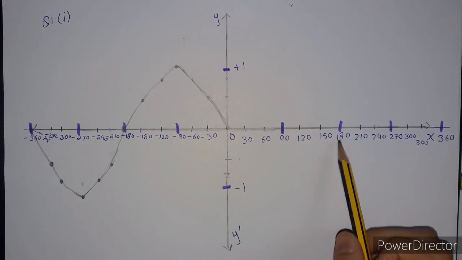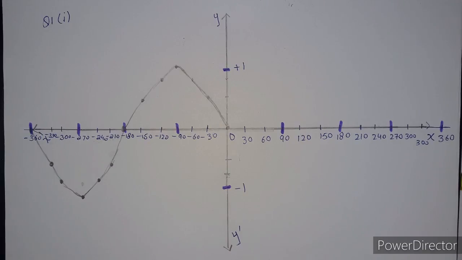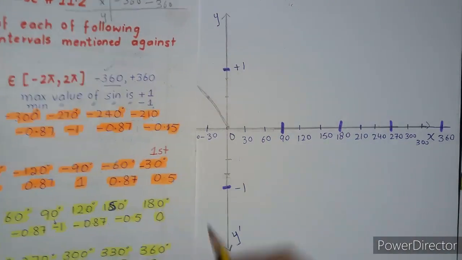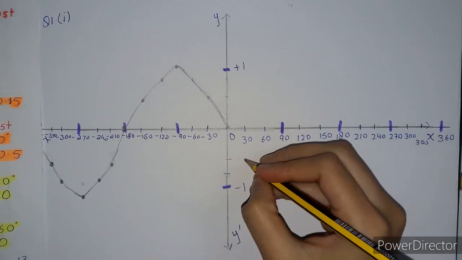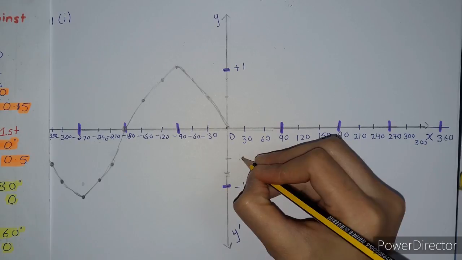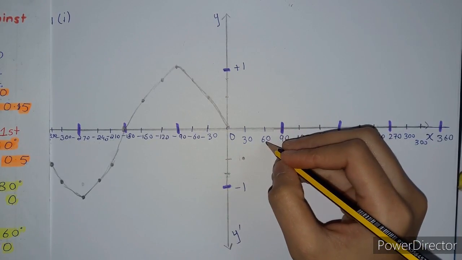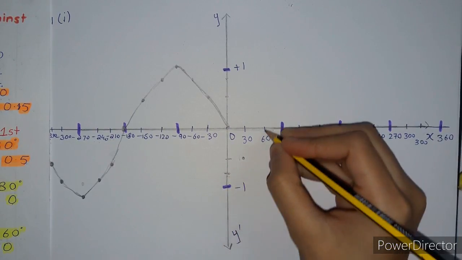Now in this side same method will be applied. I will show you. Now I will just mark the points. The values are same. +30 -0.5, -0.5 here. Then 60 degree is -0.5 here.